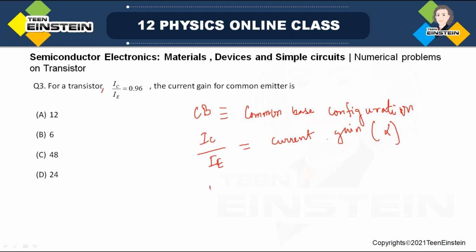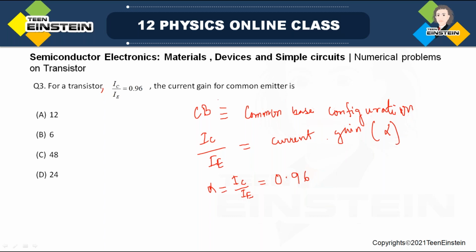So what is that? Alpha is equal to IC by IE, which is equal to 0.96. Okay, this is what is given.